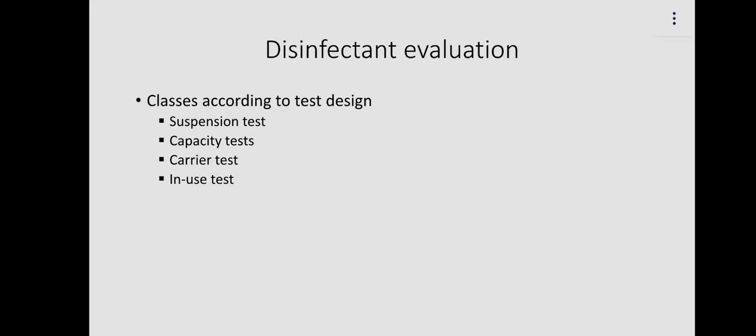Various tests are employed to assess disinfectants, but they can be classified according to the test design. There are other ways in which they are classified, but we will go by classification by test design.